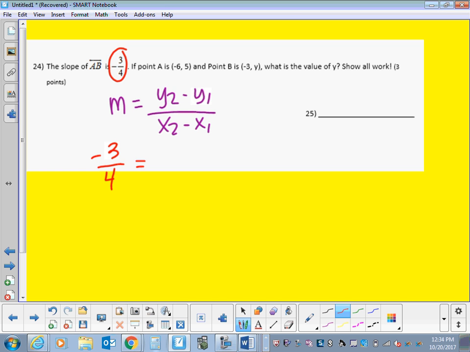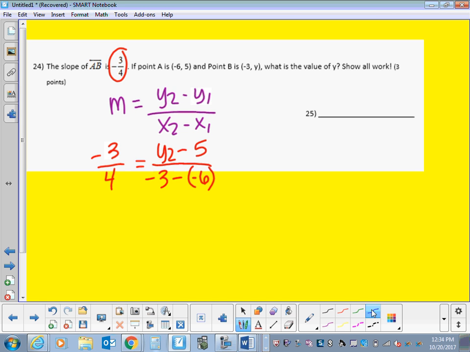And we're going to fill in what we know. So I have y2. We don't know what y2 is. Minus y1, which is 5. x2, which is -3, minus -6. If I were you, I would cross multiply here.